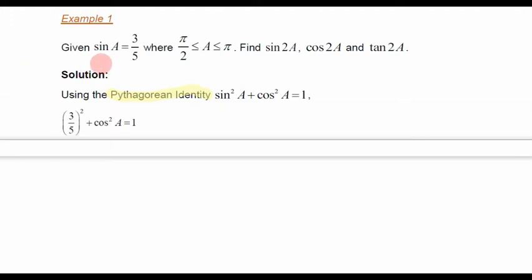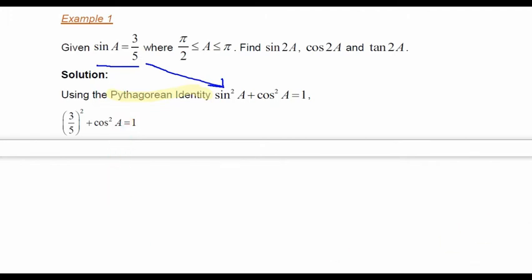Substituting the given information, we get 3 over 5 squared plus cos squared a equal to 1.